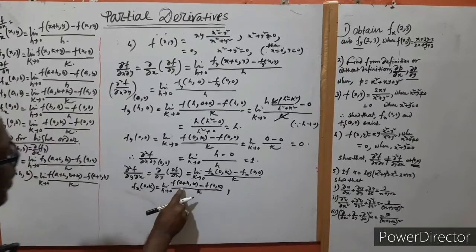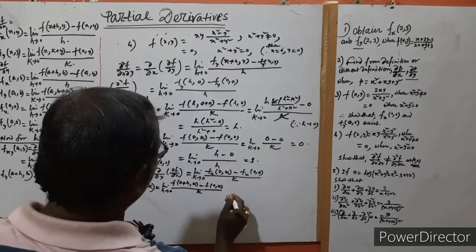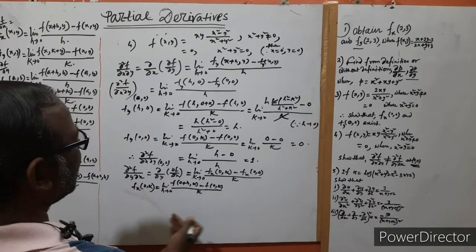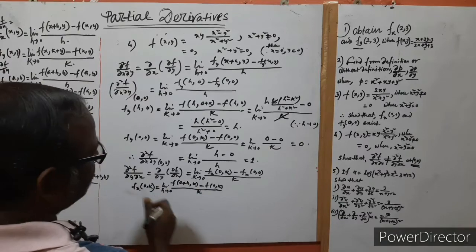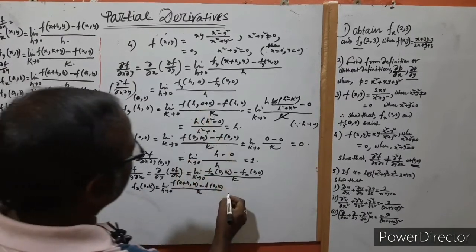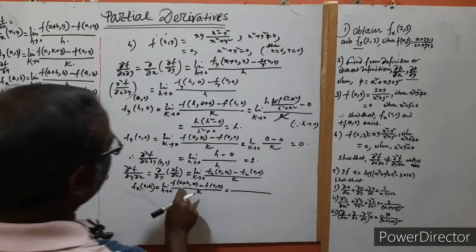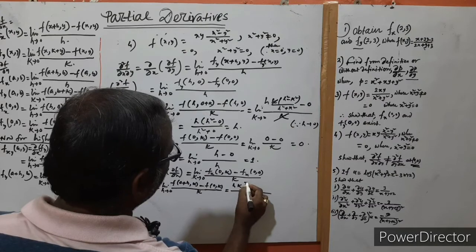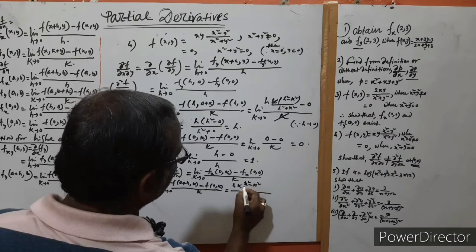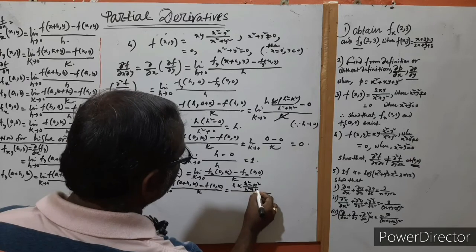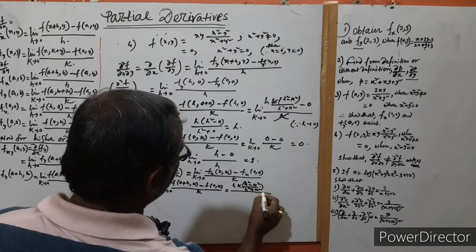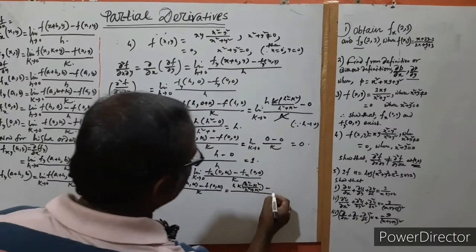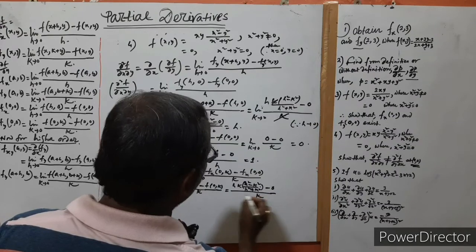Okay, now we have to find the value of that. f of (h, k) is h k (h square minus k square) by (h square plus k square), and f of (0, k) is 0, by h.